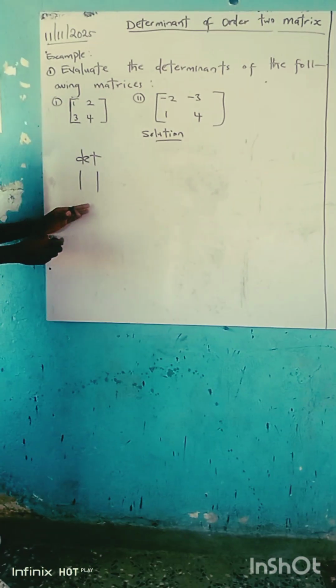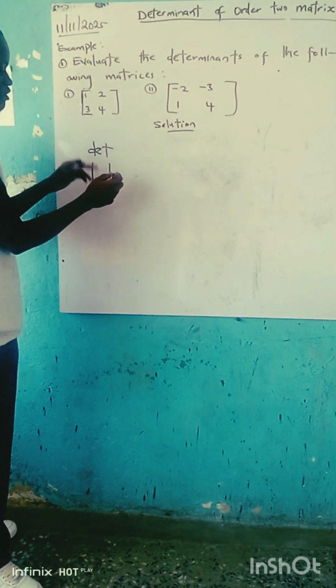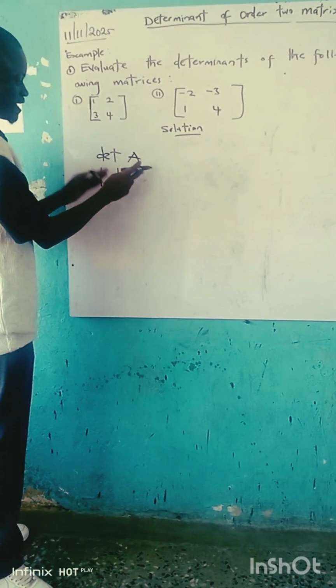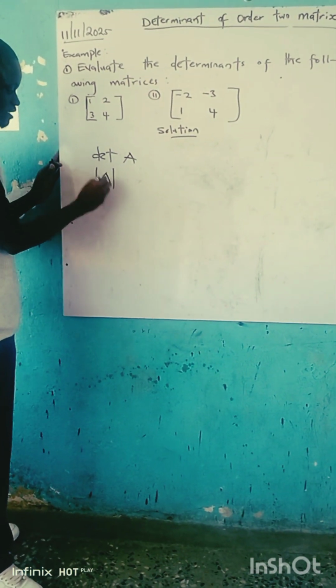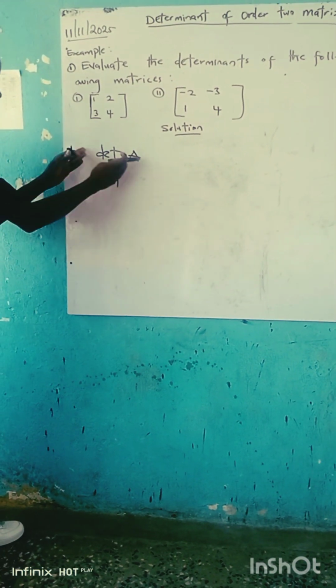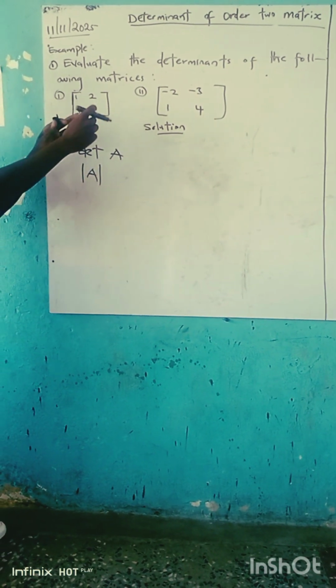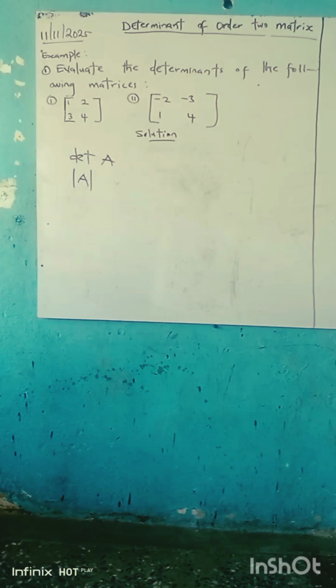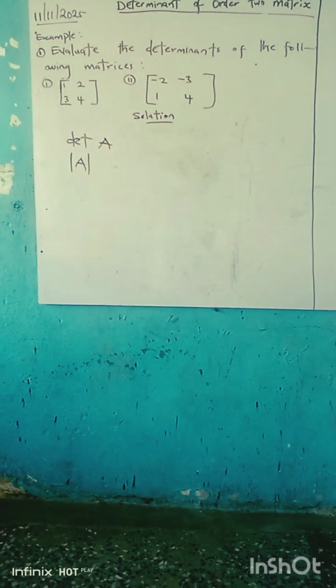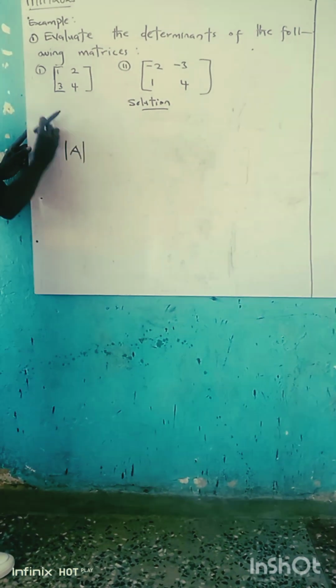Let's assume it's matrix A. We can represent the determinant of matrix A using that A, or using this, where we just put straight bars instead of the normal brackets that we normally use. So those are the ways in which we can represent the determinant of a matrix.